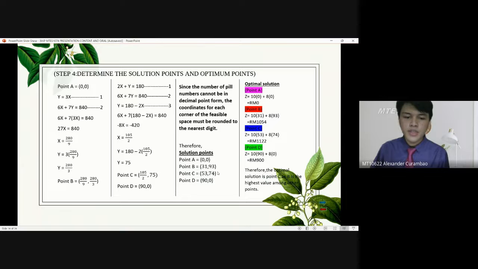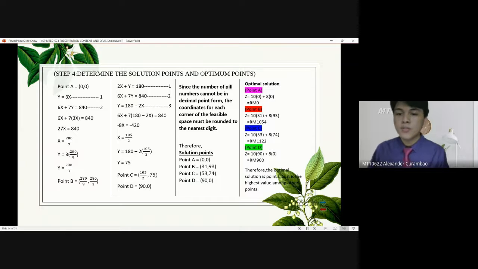Okay, so the point C here, 105 over 2, is actually 52.5. So we rounded it as 53. So why 73? Because if we substitute this 53 into the third equation, we will get 74. So the point D, no need, already 90 and 0.